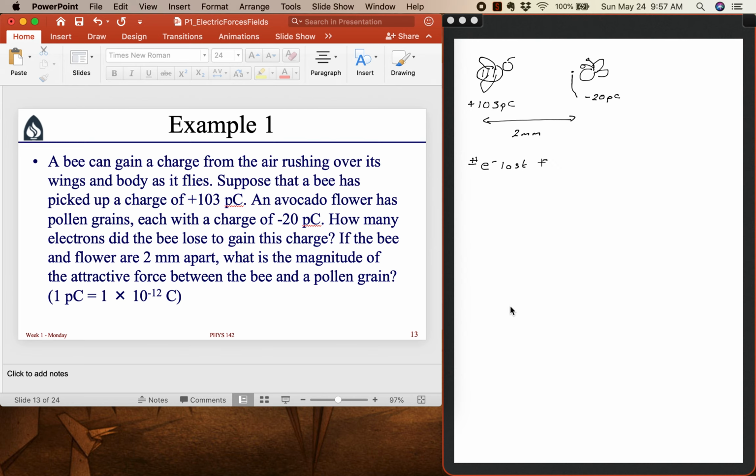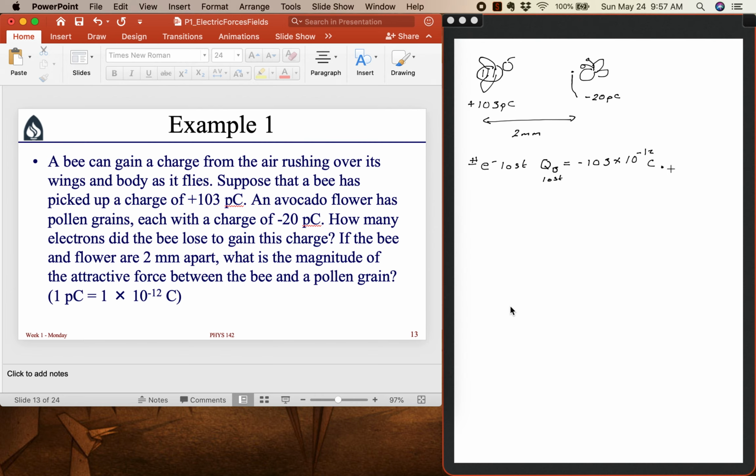So we know that the charge, which I'll represent with Q for the bee, is the amount of charge that was lost. In order to gain 103 picocoulombs of positive charge, the bee had to lose 103 picocoulombs of charge. So that would be 103 times 10 to the minus 12 coulombs of charge was lost.